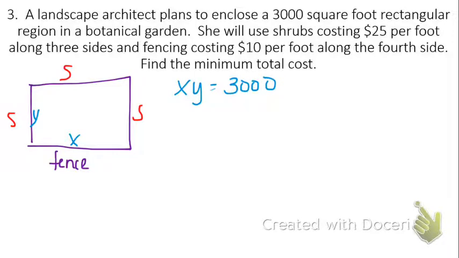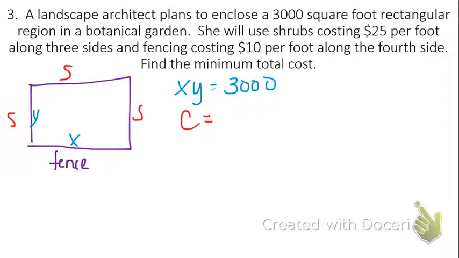Okay. Then it says something about the cost. It says find the minimum cost. So cost is the second equation. That's the equation that you're going to take the derivative of and set equal to 0, because that's the minimum. How am I going to figure out the cost? The cost of the fence side is $10. The cost of the shrub sides is $25.